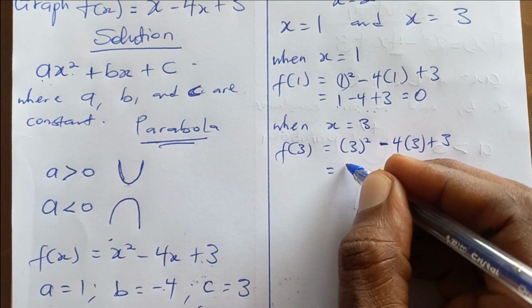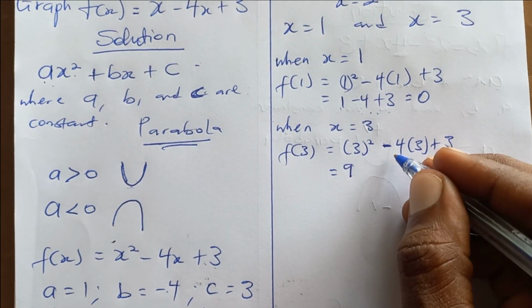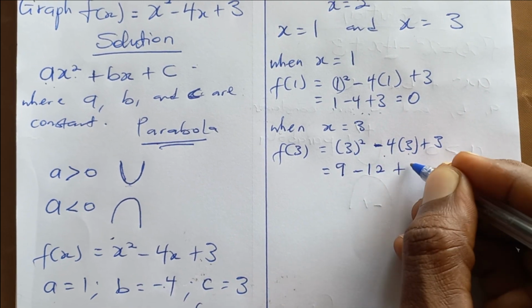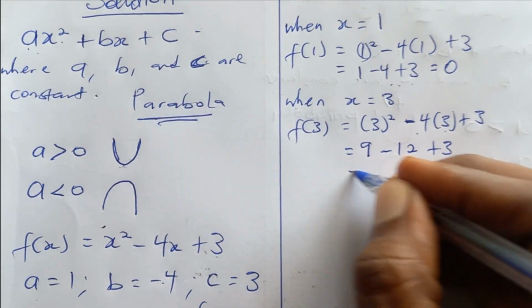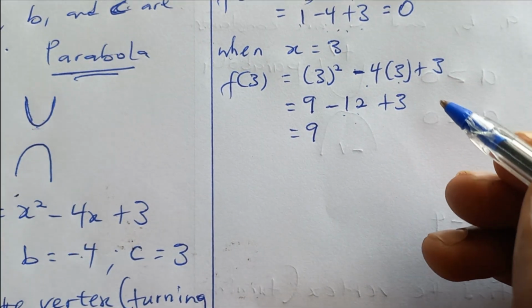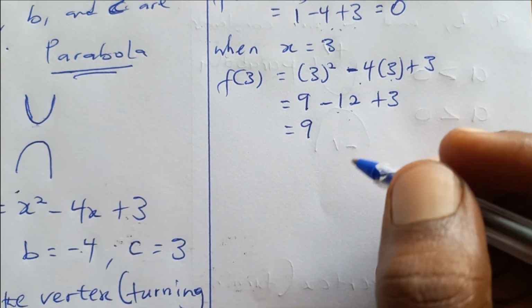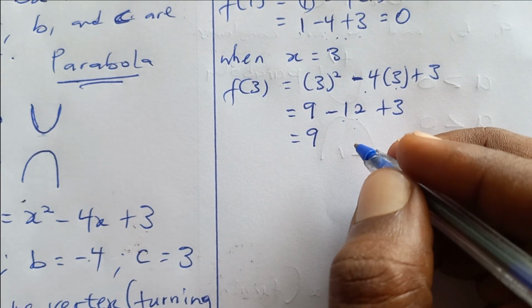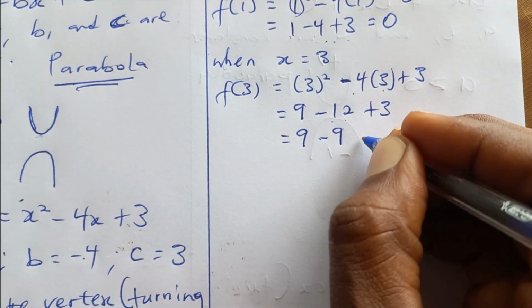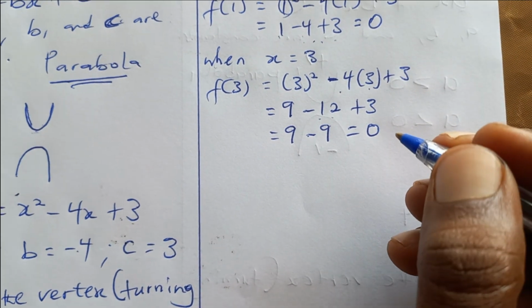So 3 squared, we are getting 9. 3 times 4, which is negative 12 plus 3. So 9 minus 12 plus 3, what are we getting? We are getting 9. So 9 minus 9, we are getting 0.